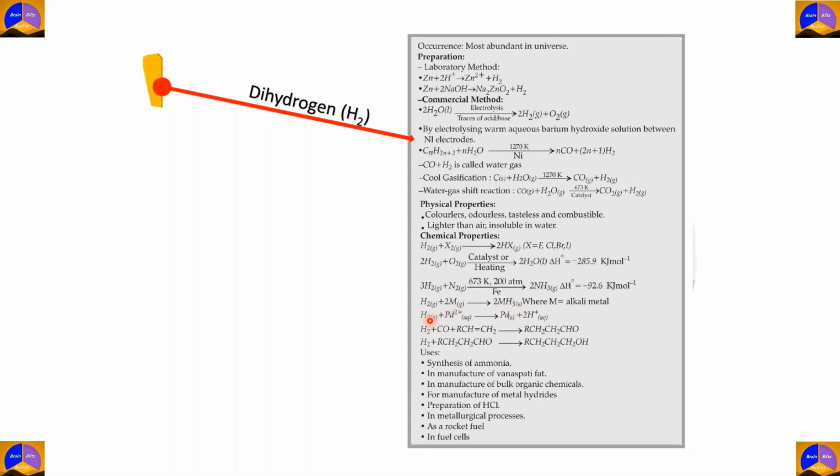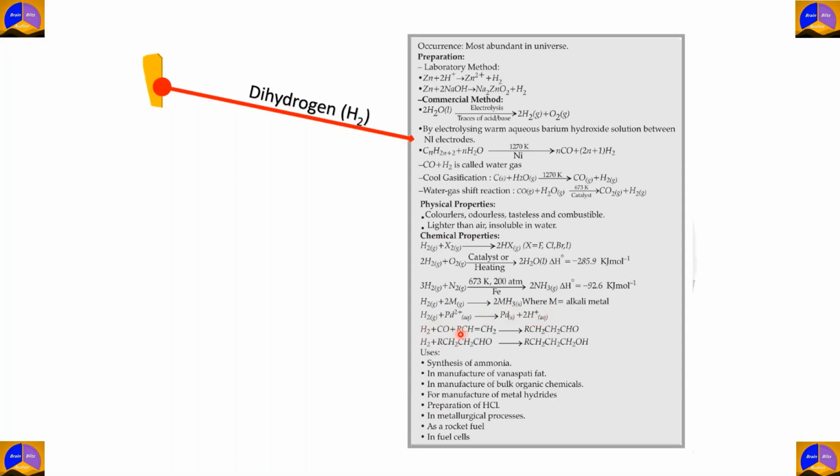Now, the next reaction says that hydrogen with palladium ion will reduce palladium. Now, Pd2+ gives us after the reaction Pd. So palladium has been reduced while dihydrogen had been oxidized. So this reaction states that dihydrogen is a reducing agent.